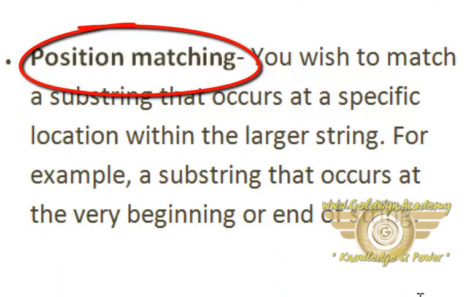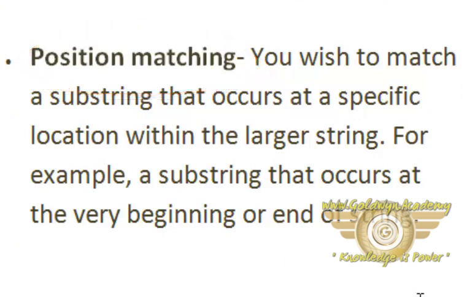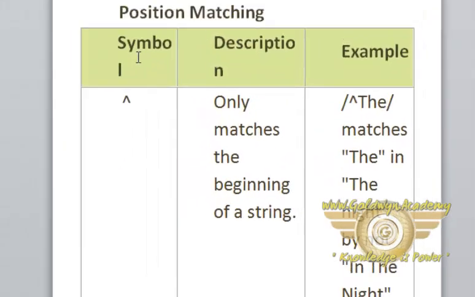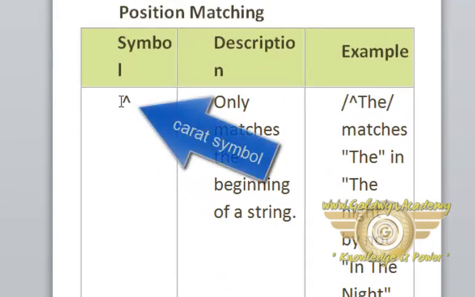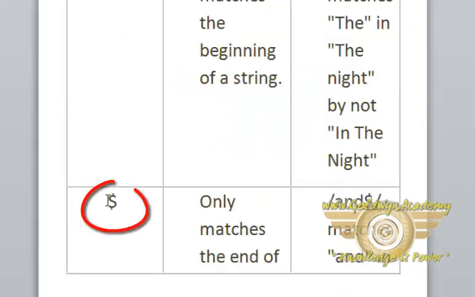If you wish to match a substring that occurs at a specific location within a larger string, for example, a substring that occurs at the very beginning or end of a string, we can use this caret symbol to check if that substring is at the beginning of a string or not. And we can use this dollar symbol to check whether that substring is at the end of the string or not.